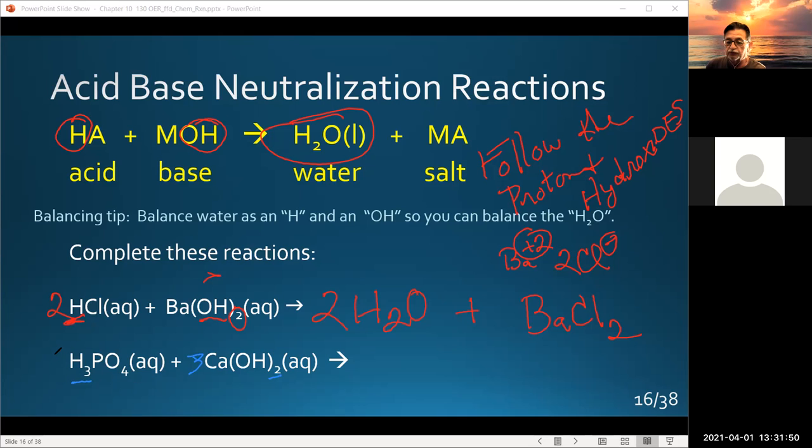And I can put a 2 in front of phosphoric acid, because now that gives me a total of 6 protons. So now I got 6 protons, 6 hydroxides. I know that I'm going to make water. And guess what? I'm going to make 6 of them, 6 molecules of water.